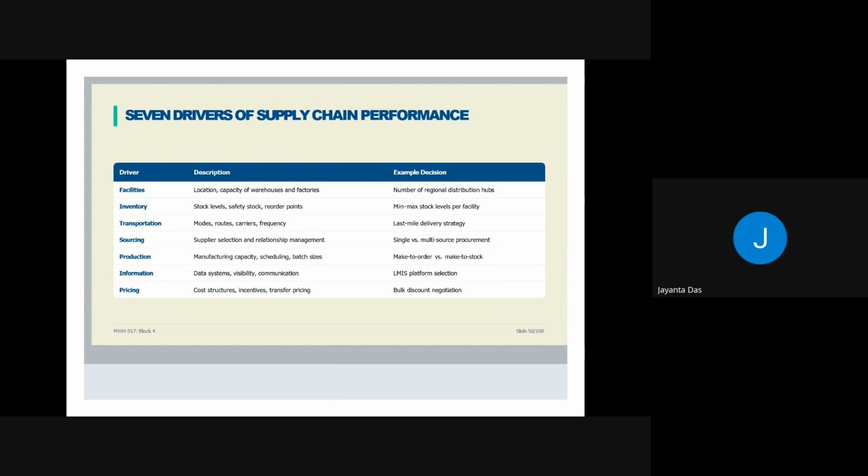The third is transportation, that is mode, route, carriers, and frequencies. So we also need to measure these performances. Fourth, sourcing, that is supplier selection and relationship management.